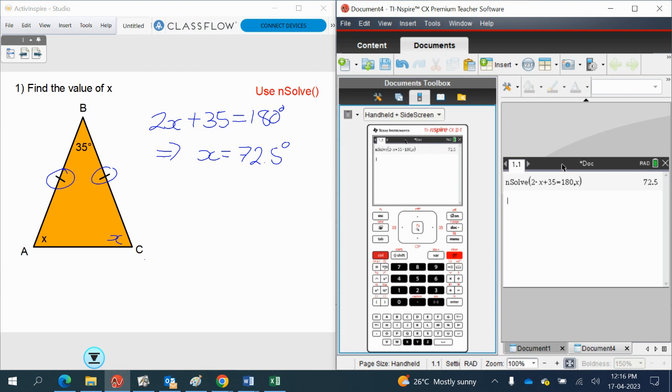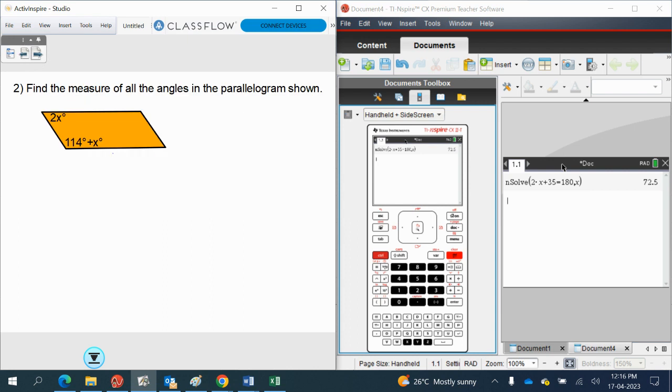Let's try another equation. So find the measure of all the angles in the parallelogram shown. Well, what we can say firstly is these two angles are going to be supplementary because they're co-interior angles in the parallelogram, which means that 2x plus 114 plus x is equal to 180 degrees.